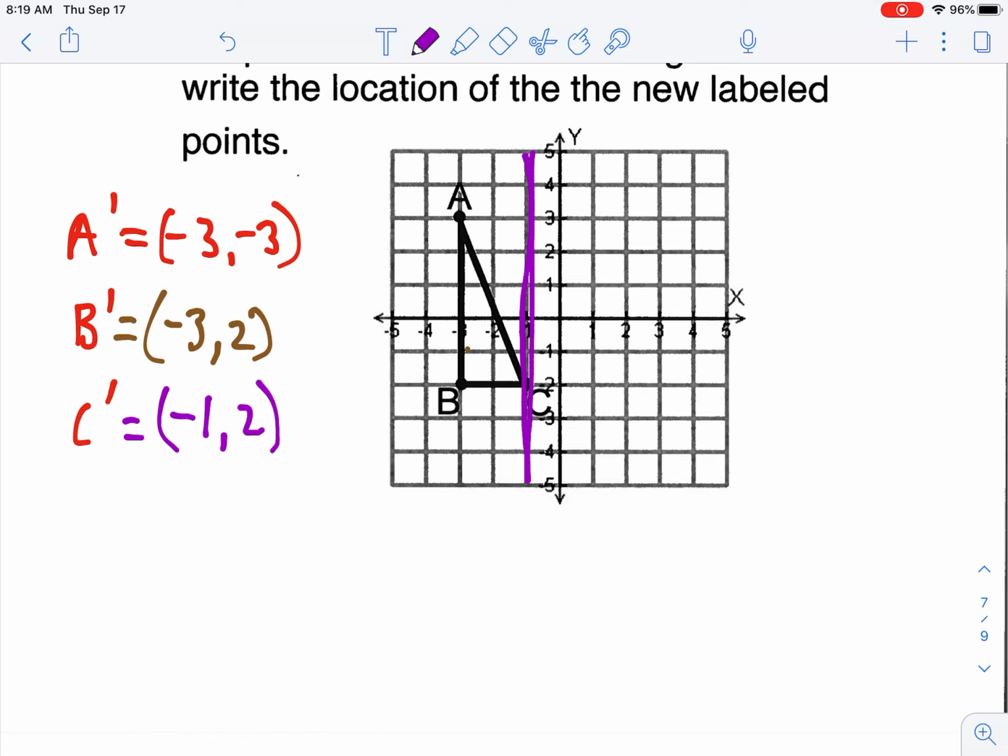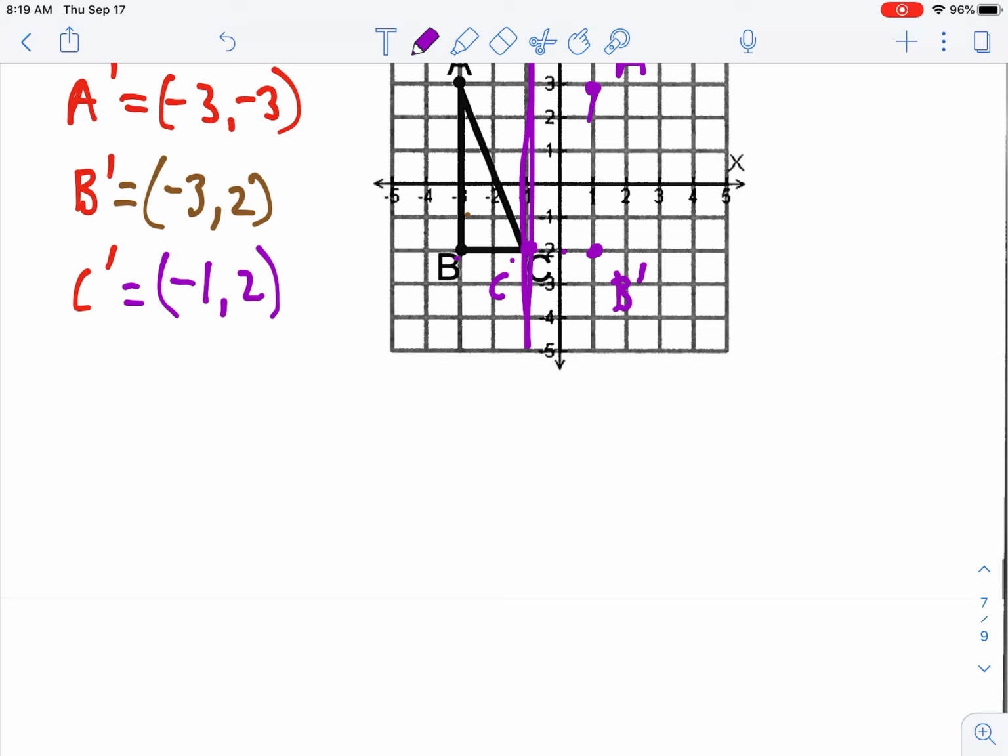Notice C is on the reflection line. When I go to flip this figure over, B would be 1, 2 away, so that would be B. A would be 1, 2 away, that would be A. C is on the reflection line, so it would not move, so C would stay right there, and our triangle would flip and stay on the reflection line.